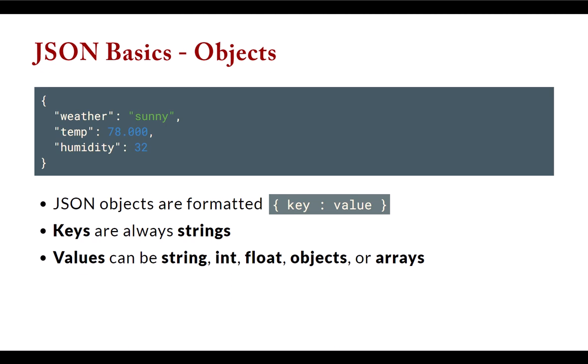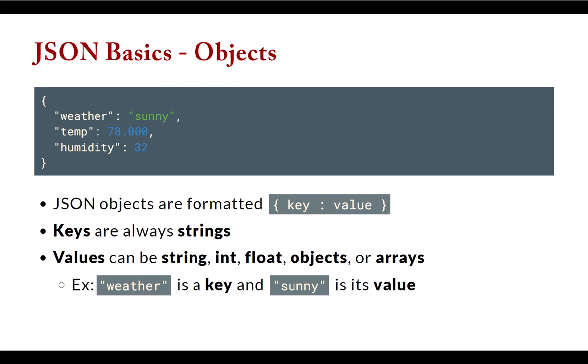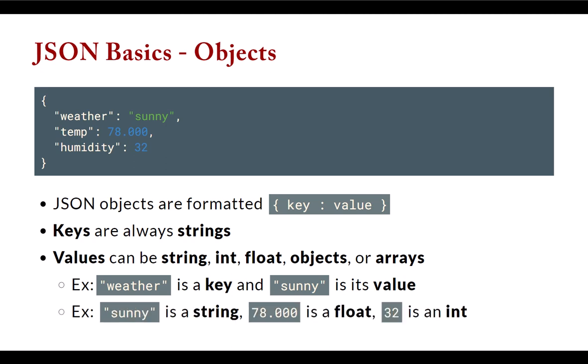Those are the only options we have, okay? So, for example, weather in this case is a key, because it's key:value, so it's weather:sunny, and sunny is the value. In this case, sunny is a string, 78.0 is a float, and 32 is an int.